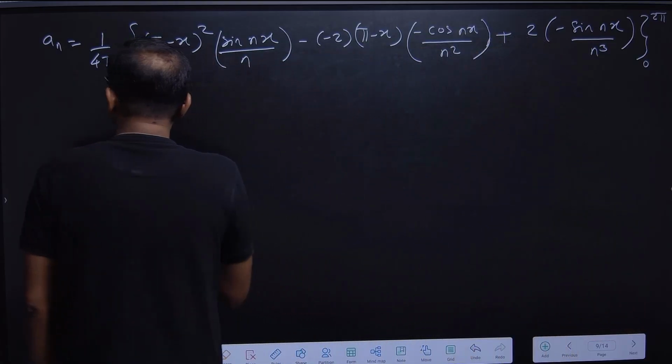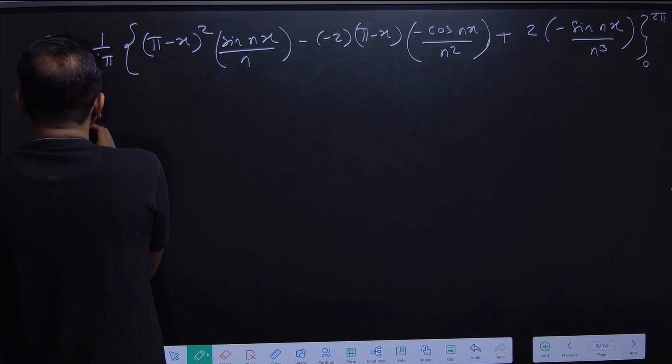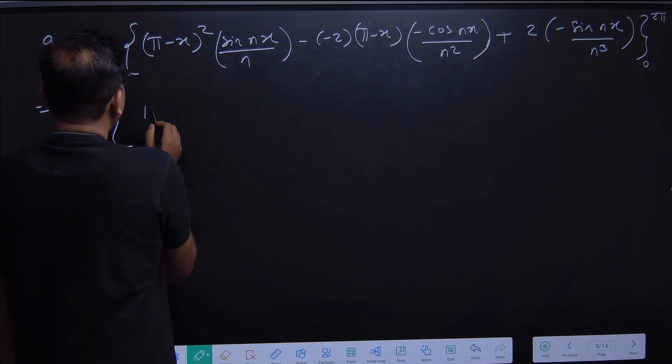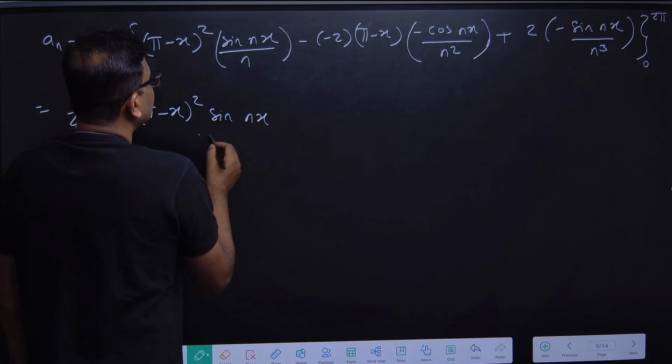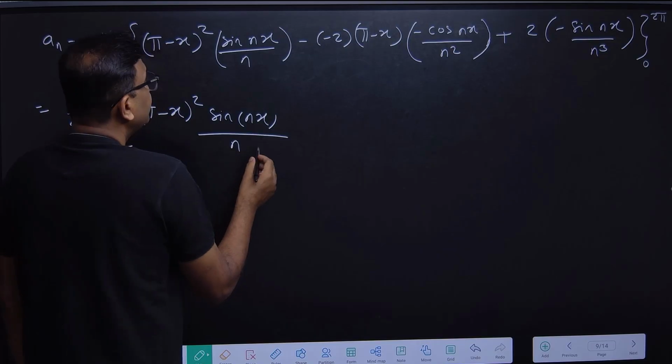Before substituting the limits, we'll simplify this a bit. The first term I'll write as it is, (pi minus x) whole square into sin nx divided by n.